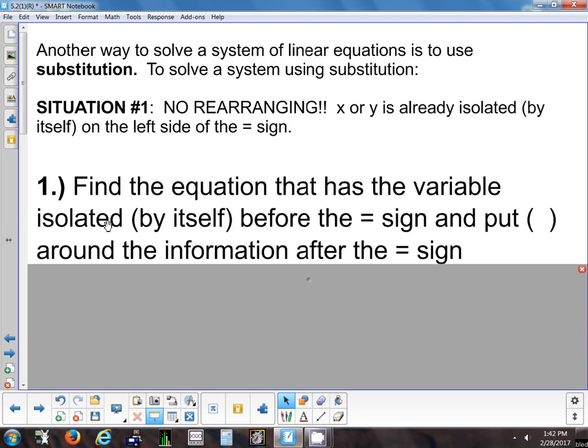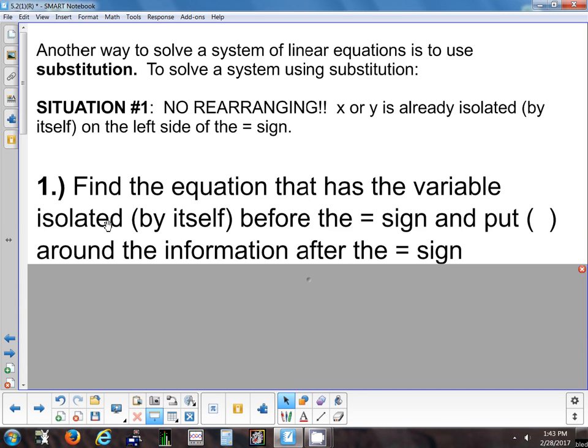It has x or y by itself, before the equal sign or on the left-hand side. I want to put parentheses around the information after the equal sign. So anything that comes after the equal sign of the equation with the variable already isolated, I'm going to put parentheses around it. That's going to help me to match it up when I have to actually substitute it.